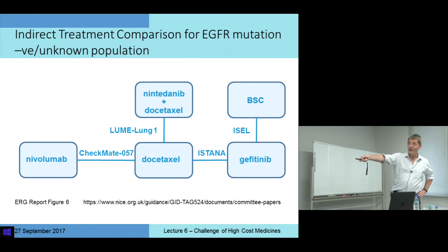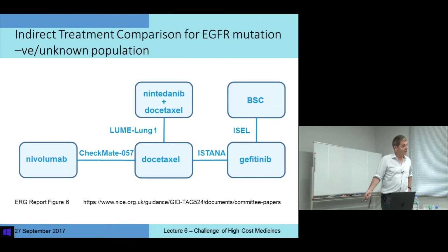So you're forced to identify a network of treatments, and by being able to compare the nivolumab docetaxel treatment effect, we could compare it with the nintedanib docetaxel against docetaxel treatment effect.